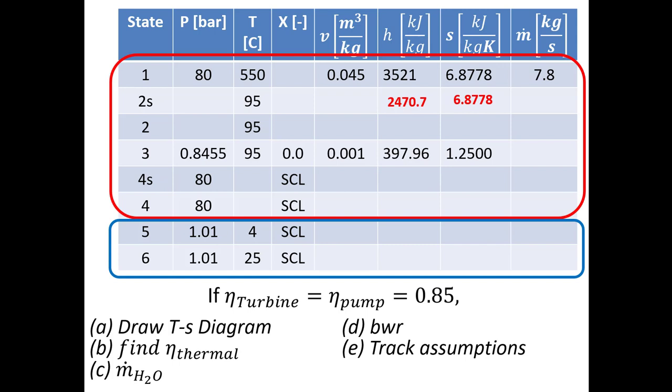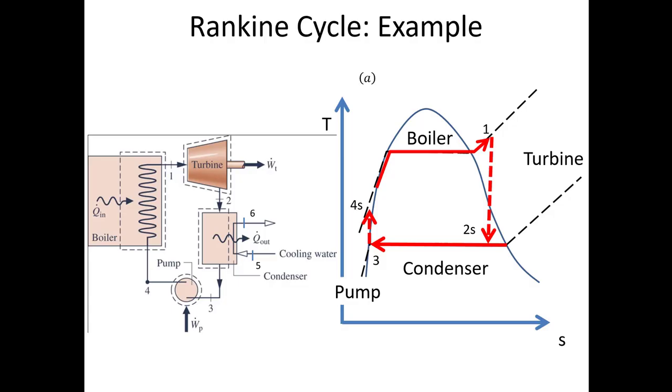So I know that my specific entropy stays the same as I move through the ideal turbine. Then I can look on my tables and I see that for that fluid with 95 degrees Celsius and a specific entropy of 6.87, I can go to the tables and find h.